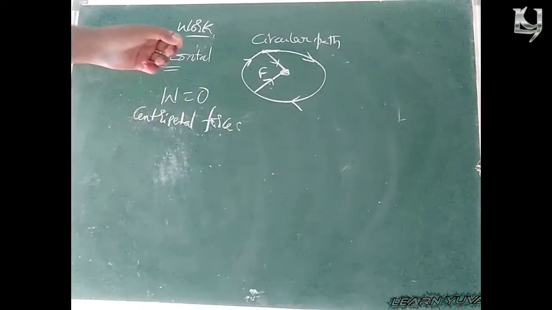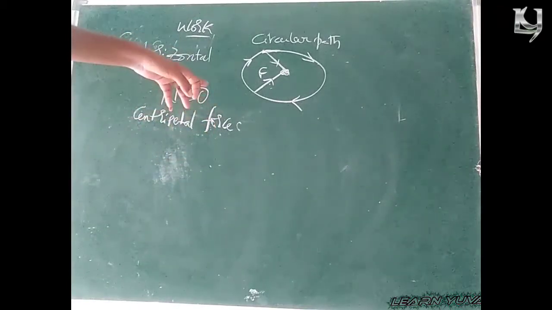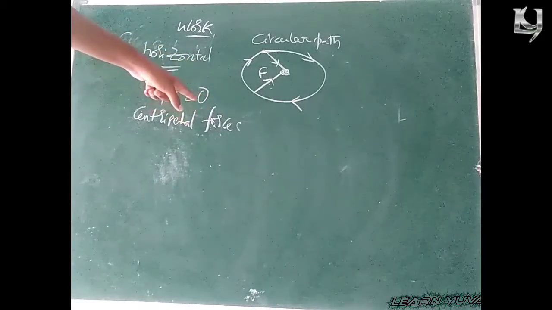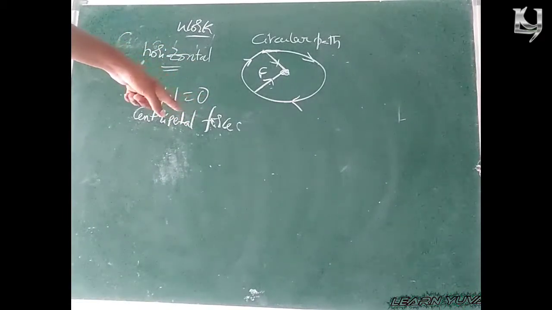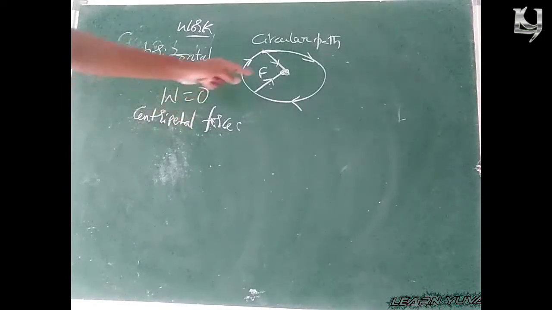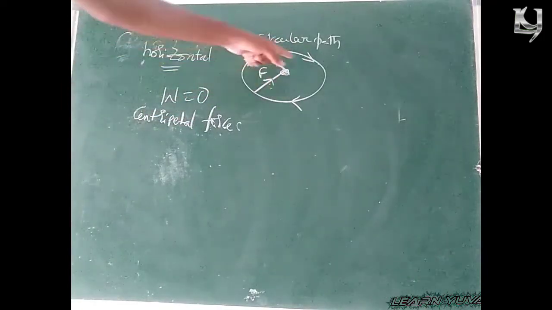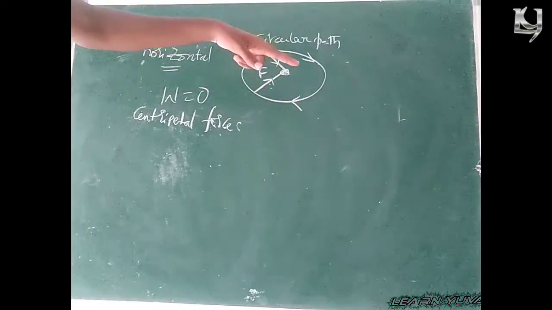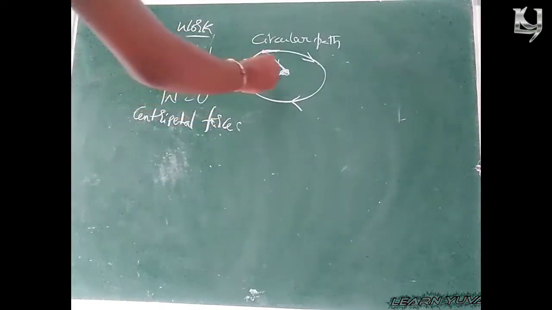The work done is 0 because the centripetal force acts along the radius of the circle, and it is at right angles to the motion of the body.